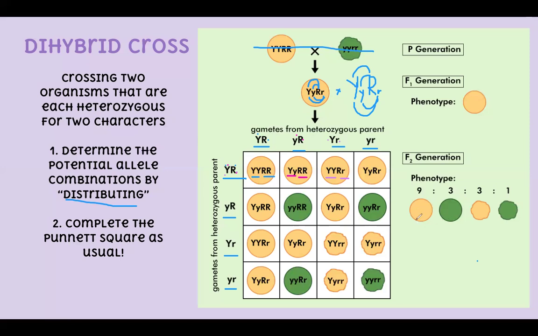So let me tell you, we're tracking pea color and pea shape, like Mendel's peas. So for pea color, it can be yellow or green. Okay. And yellow is dominant, big Y, green is recessive, little y. We're also tracking pea shape. There are round peas.